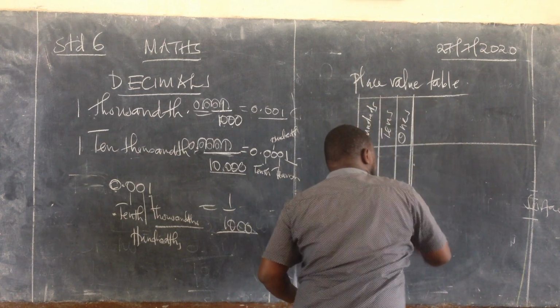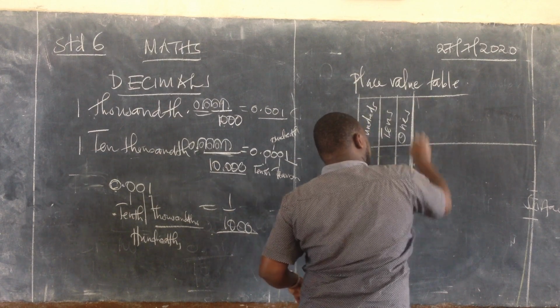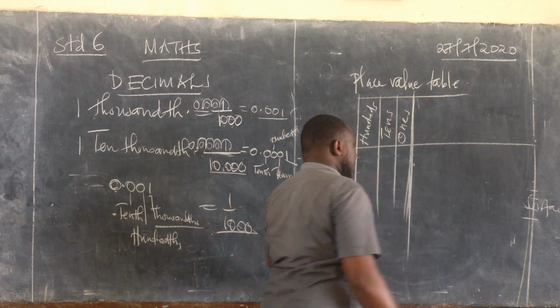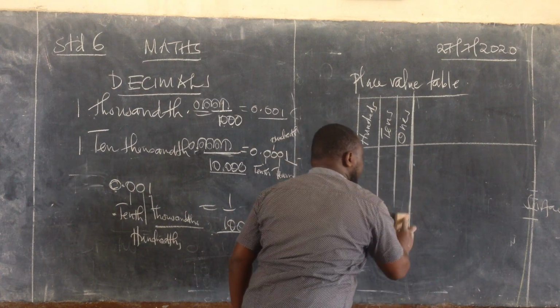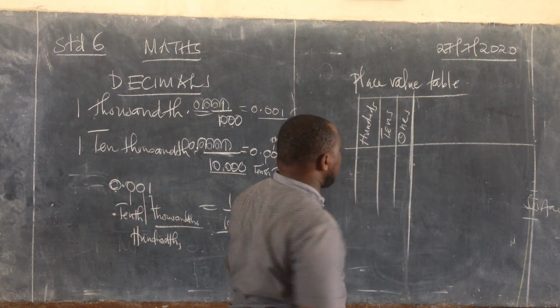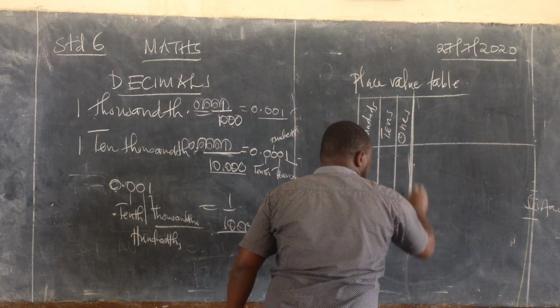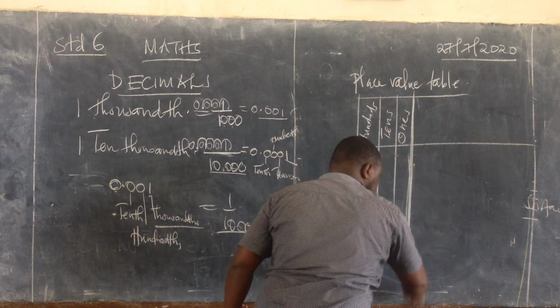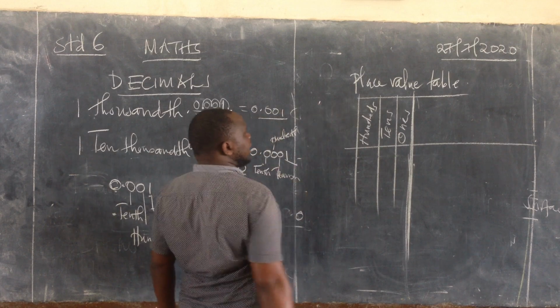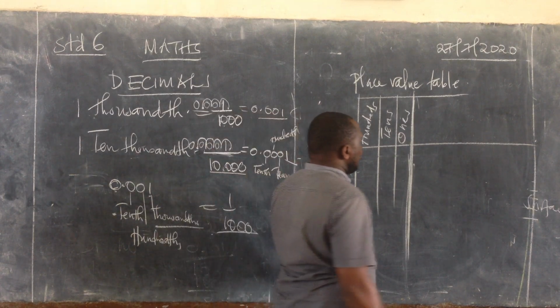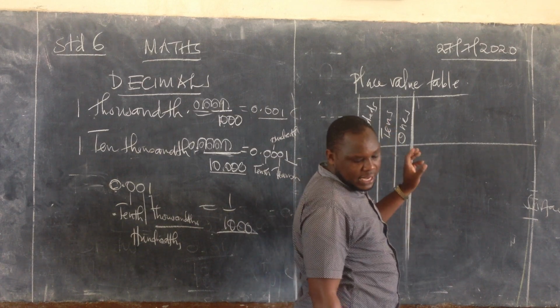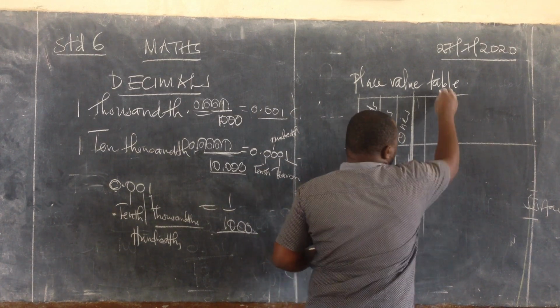The decimal point is going to be here, where we have that thick line. The thick line represents the decimal point. There is a difference between decimal point and decimal place. Decimal place is the number of digits after the decimal point. So in this case, we are going to have tenths, hundredths, and then ten-thousandths.